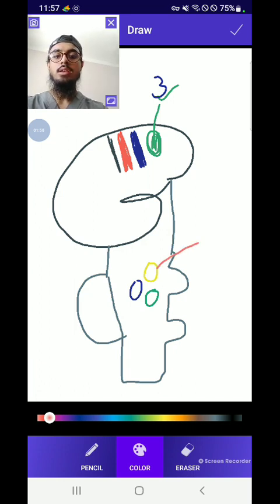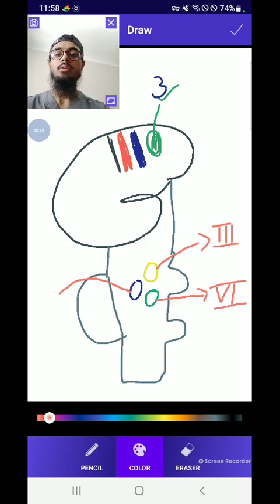This is cranial nerve 3, which is the oculomotor nerve. This is the abducens nerve, which is cranial nerve 6. And this is a very important structure which participates in frontal eye field pathways.